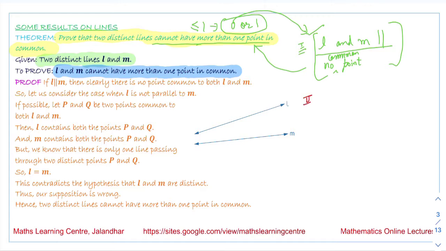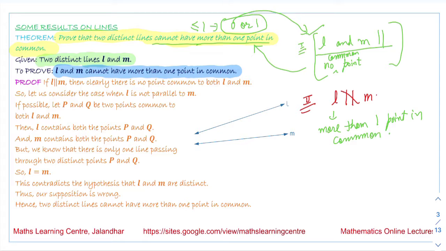Now in the second case, suppose L is not parallel to M, written with this symbol. Suppose it has more than 1 point in common.